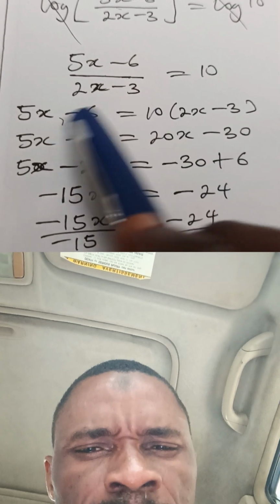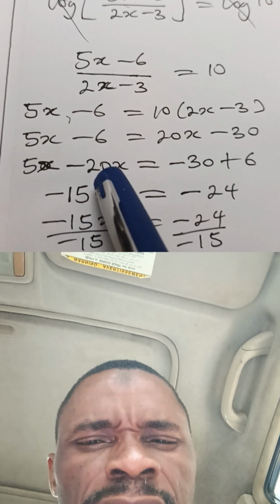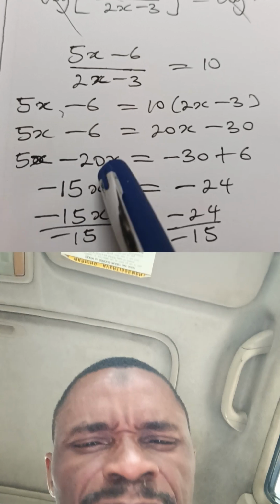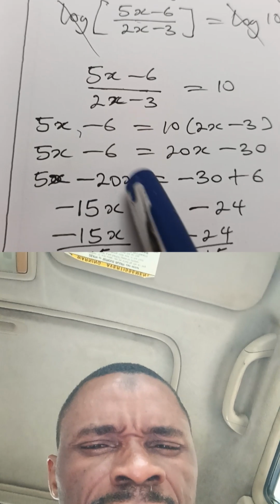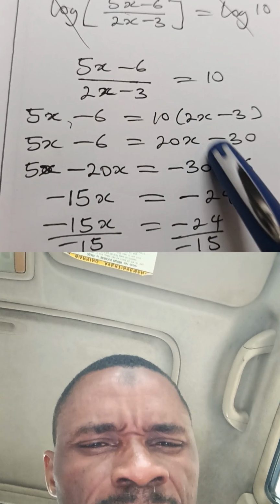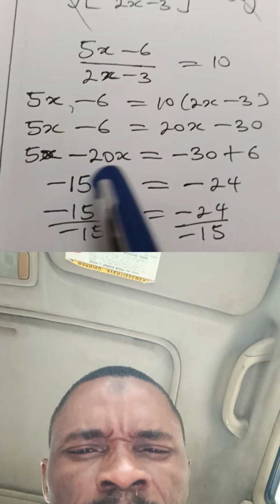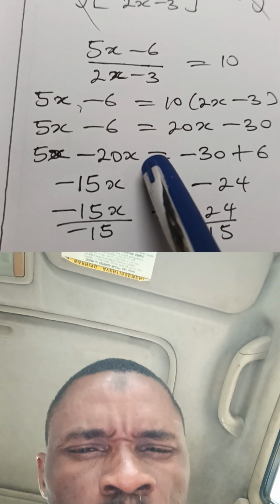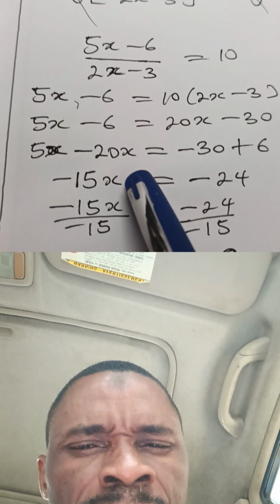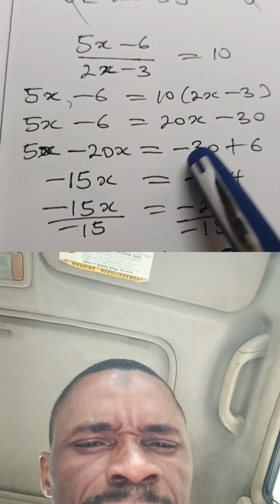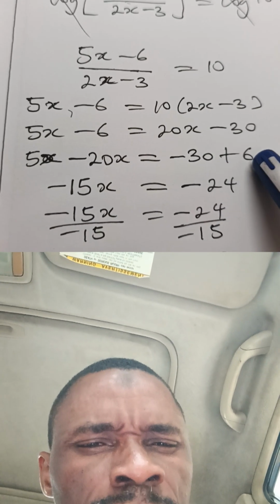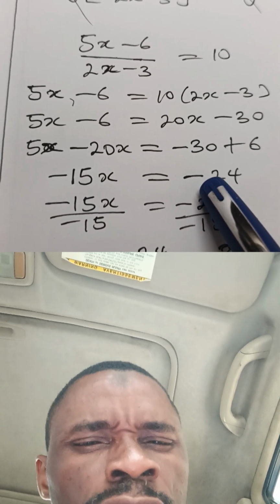You bring this to this side, because this is positive here, it's going to be negative here. So you have 5x - 20x. Now this is negative, coming here it is going to be positive. Now you work it out. 5x - 20x will give you minus 15x. Then minus 30 plus 6 will give you minus 24.